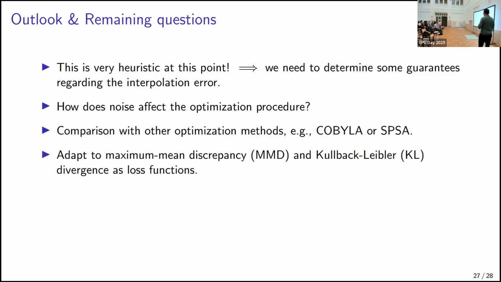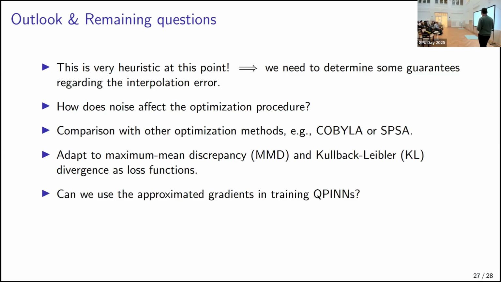We want to generally use MMD or KL divergences as loss functions in quantum machine learning, so we have to adapt this to that. Can we use the approximated gradients in Q-pins, as Peter mentioned? That is a natural question because we are calculating gradients here, and higher quality gradients might be better. Can this help mitigate Barren plateaus? This is the question that Peter also asked, and you can also ask it here.